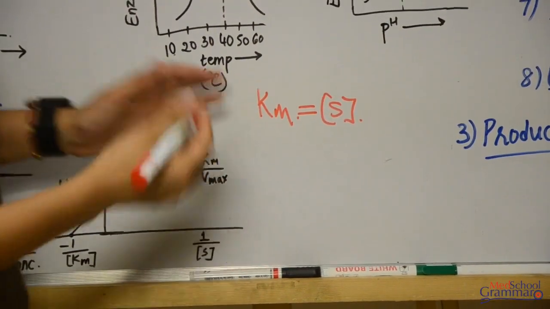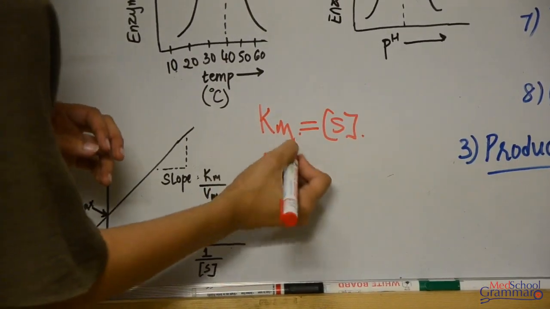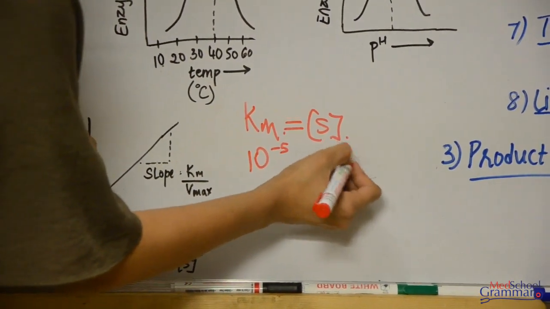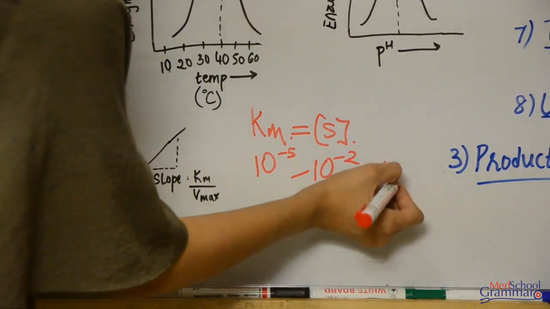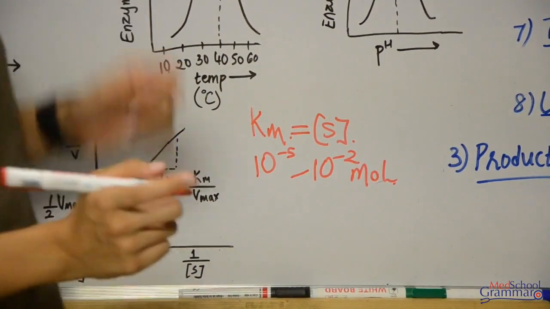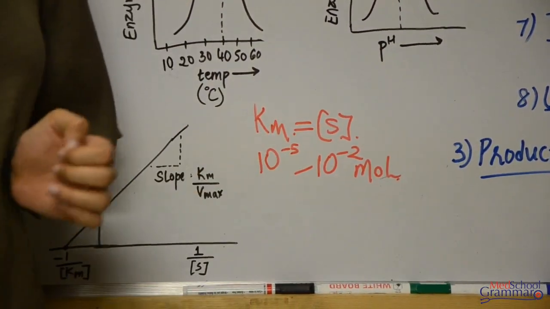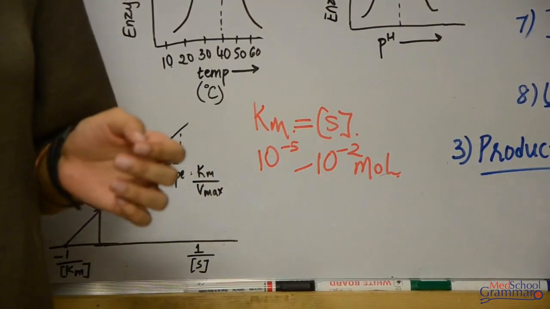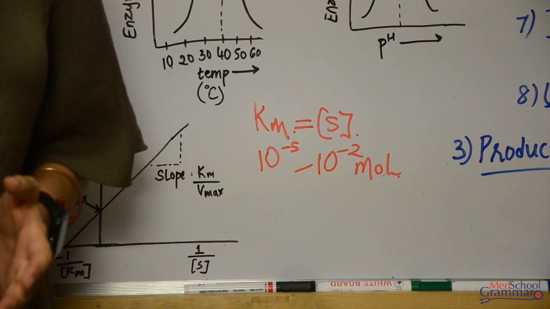The normal value of Km ranges between 10 raised to minus 5 to 10 raised to minus 2 moles, right? Your Km is specific to an enzyme. It is sort of the fingerprint of an enzyme, and it remains constant for any given enzyme.